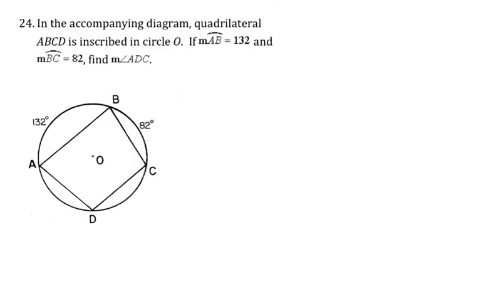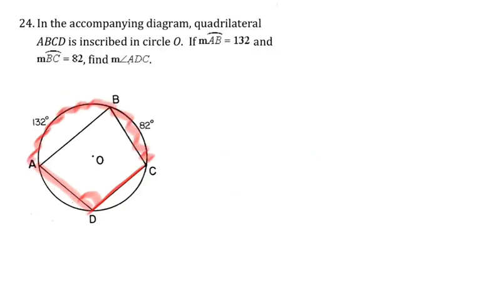Number 24. We would like to look at the measure of angle ADC. ADC would be right over here. But the intercepted arc would be this portion and this portion combined together.